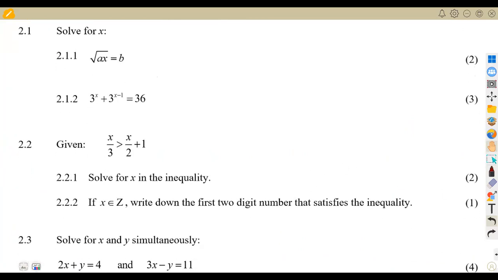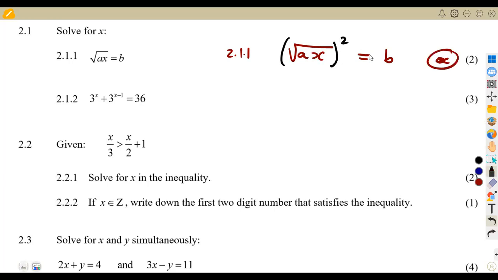So for x, what is it that I'm supposed to do in this case? 2.11, as you can see, there's a square root. So you're given the square root of ax is equal to b, and you want to solve for x. So you can simply remove the square root, remember, by squaring both sides, you remove the square root. You remain with ax, which is equal to b to the exponent of 2.